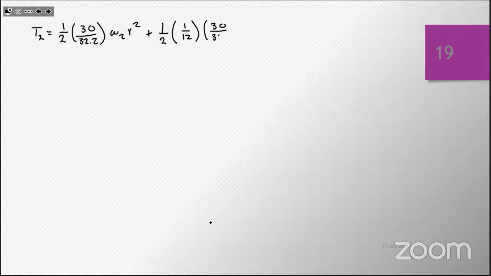All right, so T2, if we plug in the rest of our numbers, right, we get 1/2 of 30 over 32.2 times omega 2 r squared plus 1/2 of 1/12 times 30 over 32.2 times 5 squared times omega 2 squared. Sorry, I should have put a 5. No, it's not a 5. That's, oh, weird.